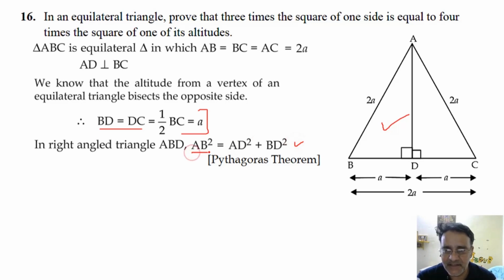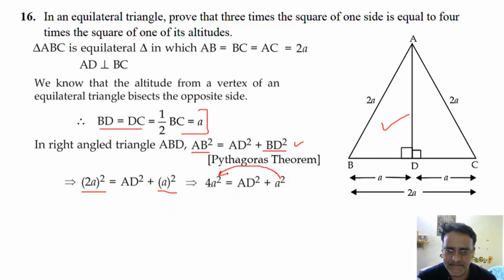AB is 2A and BD is A. So this will be 4A square and this will be A square. Now shift A square to this side. You will get AD square is equal to 3A square. Right. This is clear.